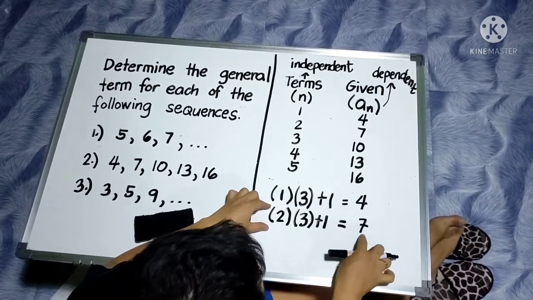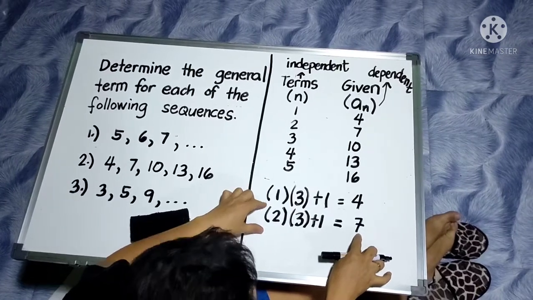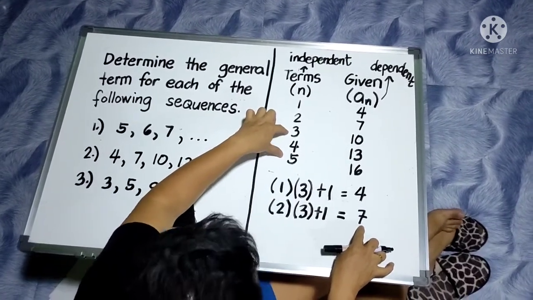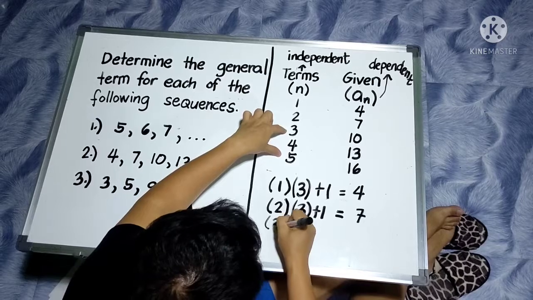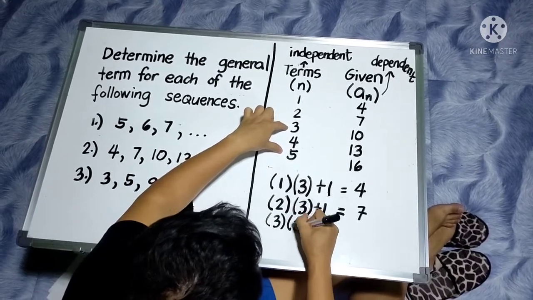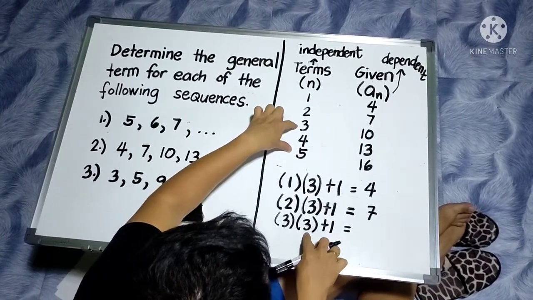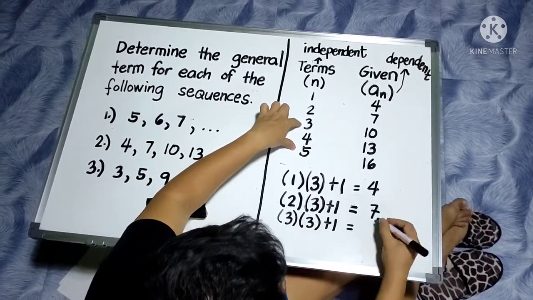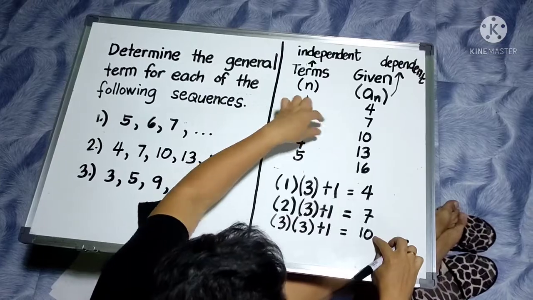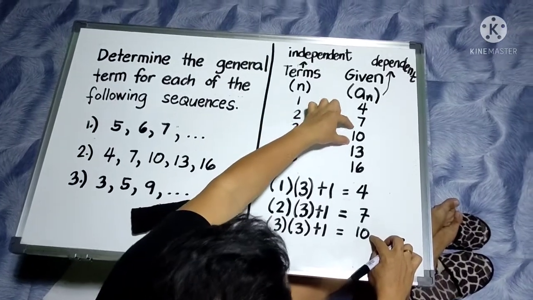So it is true to the second term. Now let's proceed to the third term. 3 times 3 plus 1 is equal to 3 times 3 is 9 plus 1, 10. So it is still true to the third term.